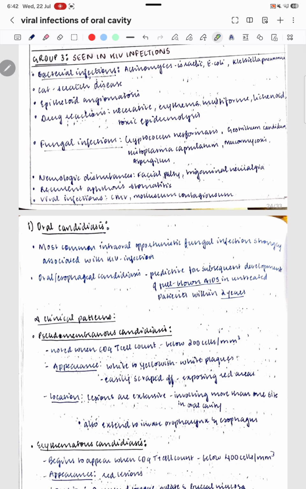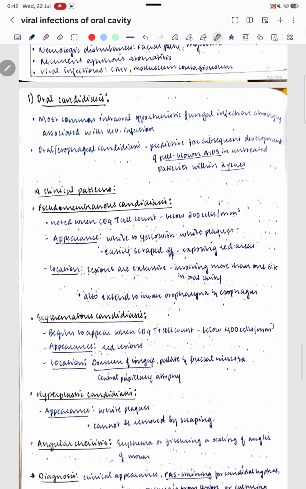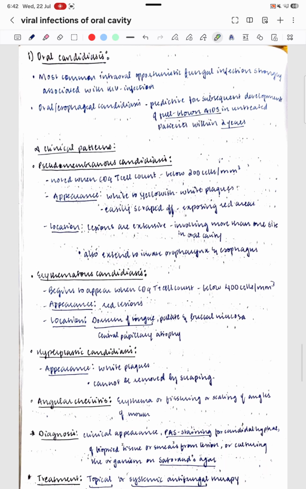Coming to oral candidiasis, it is the most common intraoral opportunistic infection of fungal origin associated with HIV infection. Oral or esophageal candidiasis is predictive for subsequent development of full-blown AIDS in untreated patients within 2 years.